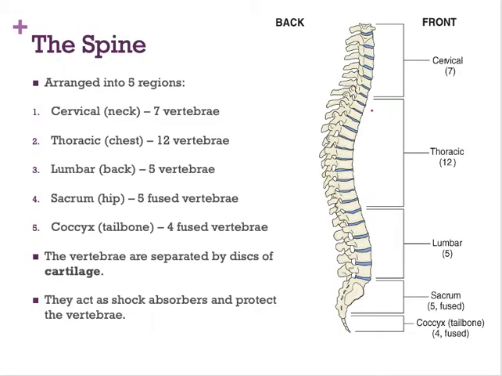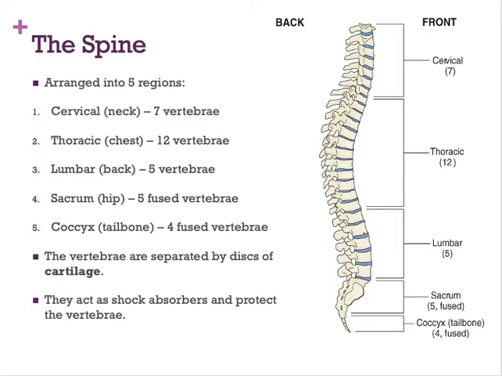Then after those come the thoracic, and if you remember, we talked about our thoracic cavity when we were doing breathing, and those thoracic vertebrae here, there are 12 of them. And then we have our lumbar region. Now this is a region that very often gives trouble, the lumbar region.